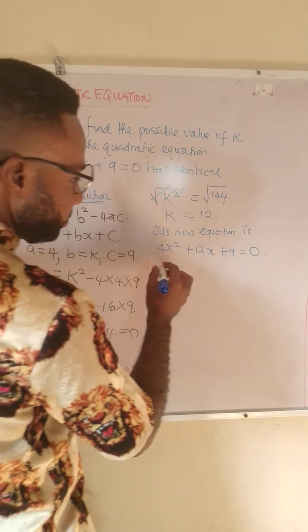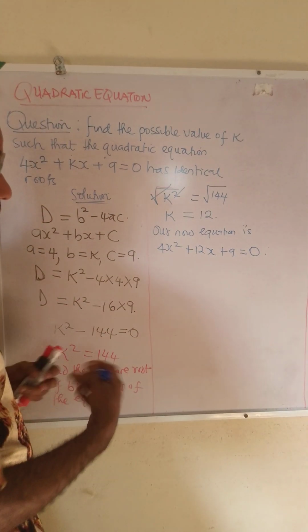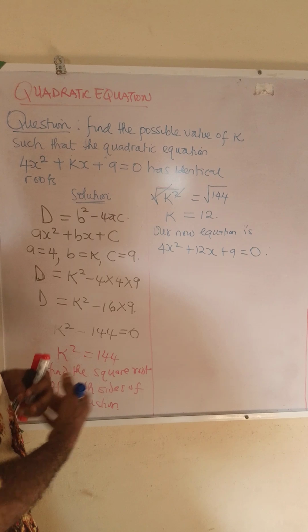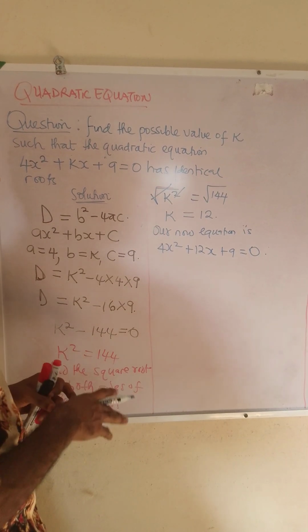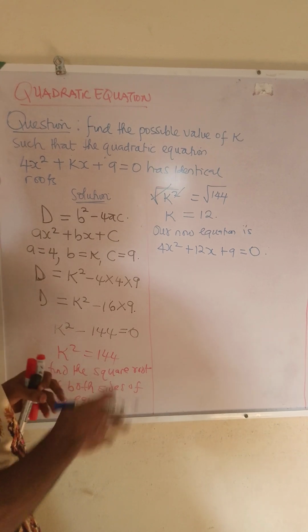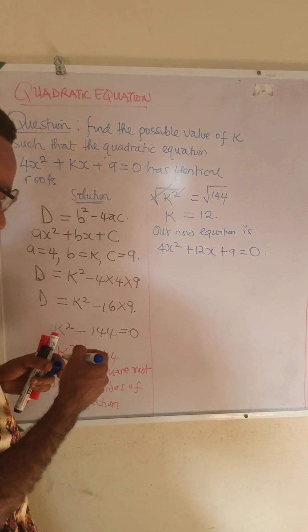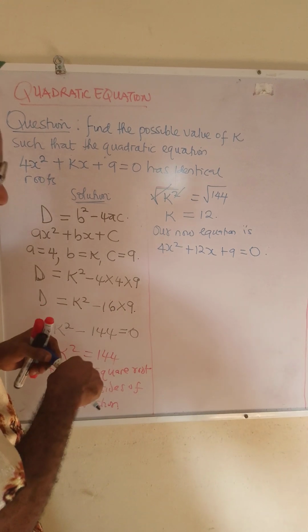To find the root of this equation, we can decide to use the formula method, or we can decide to use the factorization method. Since I've used the formula method in my first example, I'm going to be using the factorization method.